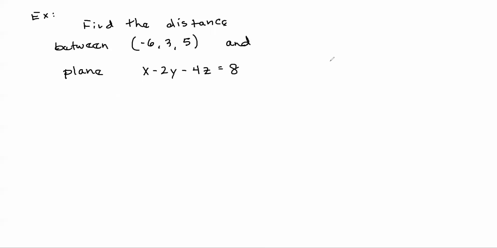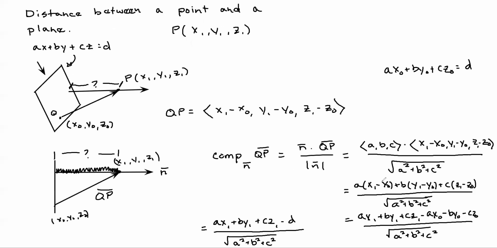And let's just again recall our formula. What was our formula? Our formula was this. This is going to be the component. This is the distance. The distance equals this, which equals this, which equals this, this, and this. All right, so this is the formula right here.